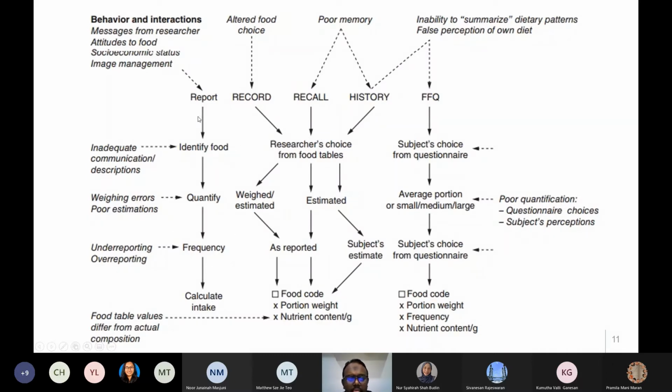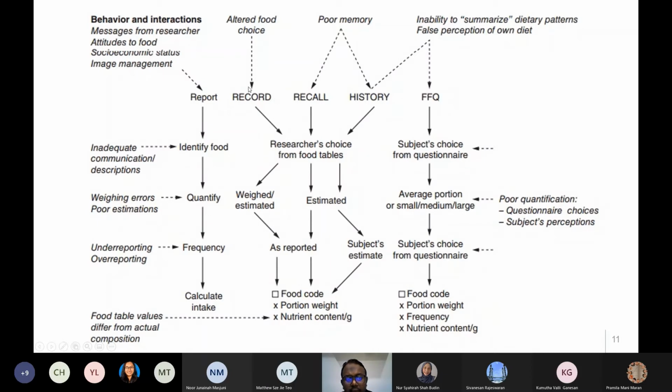Okay, if you go through this figure from the top: behavior and interaction, message from the researcher, attitudes towards the food by the respondent, socioeconomic status of the respondents, and image management by the respondent, it will cause some errors in reporting. So how do they report the food is either by recording, by recall, by history, or by FFQ.